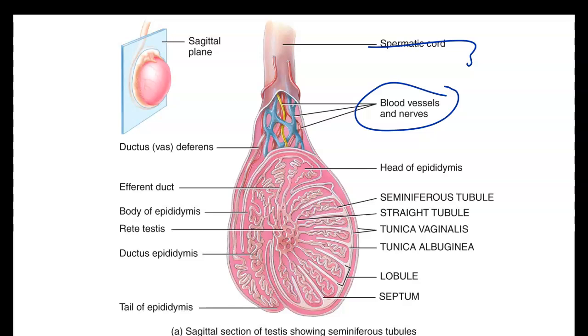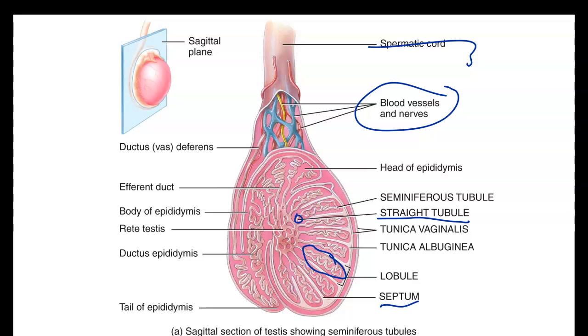Each lobule, remember, is going to contain your set of seminiferous tubules. Now, the lobules will be separated with what's known as a septum in between each, so you can see that septum there.